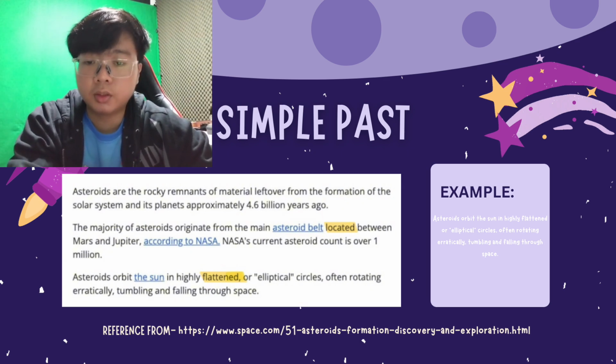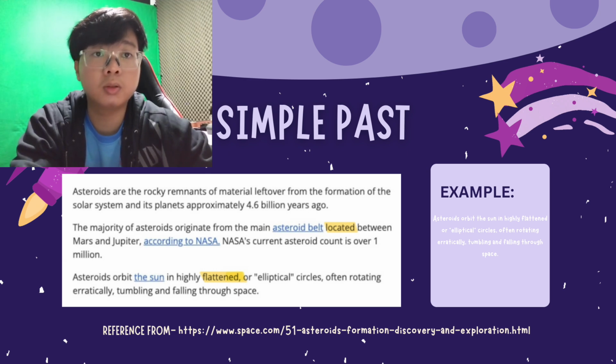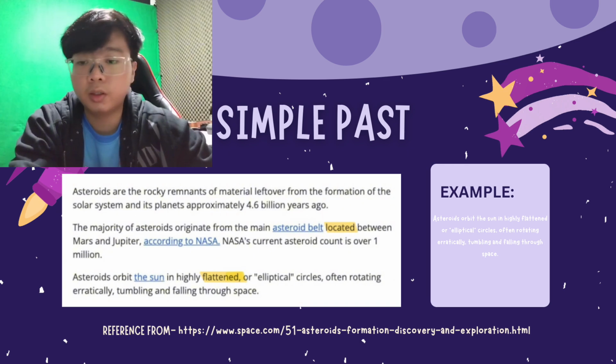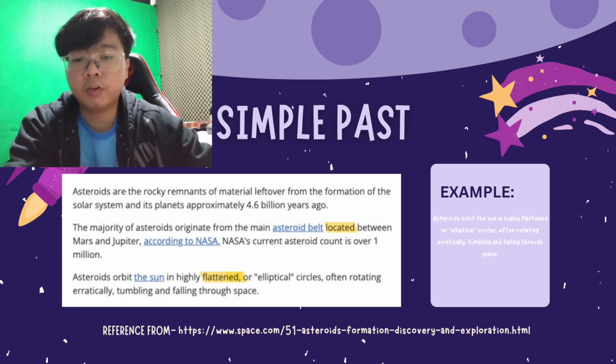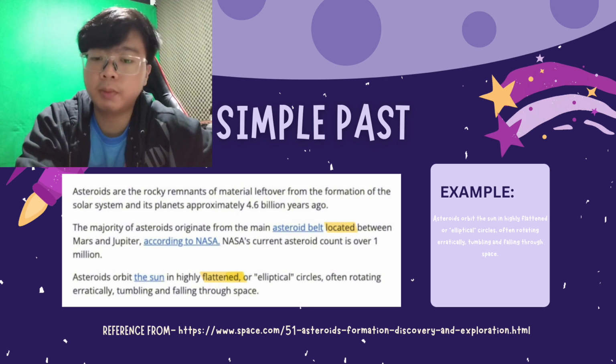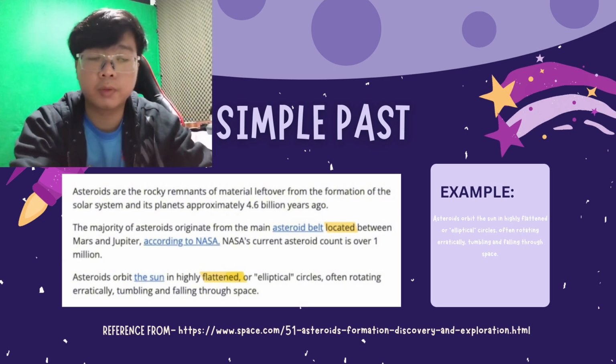So the reference that I took regarding simple past related to the solar system is about the discovery and formation of asteroids. Asteroids are the rocky remnants of material left over from the formation of the solar system and its planets approximately 4.6 billion years ago.